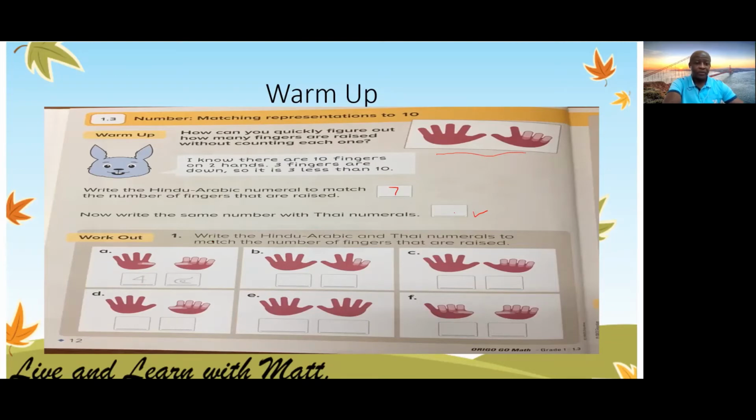1A, write the Indo-Arabic and Thai numerals to match the number of fingers that are raised. So the first one, I'm going to write the Indo-Arabic only. And I want the student to write both Indo-Arabic and Thai numerals. So part A, 4, let's write it together.